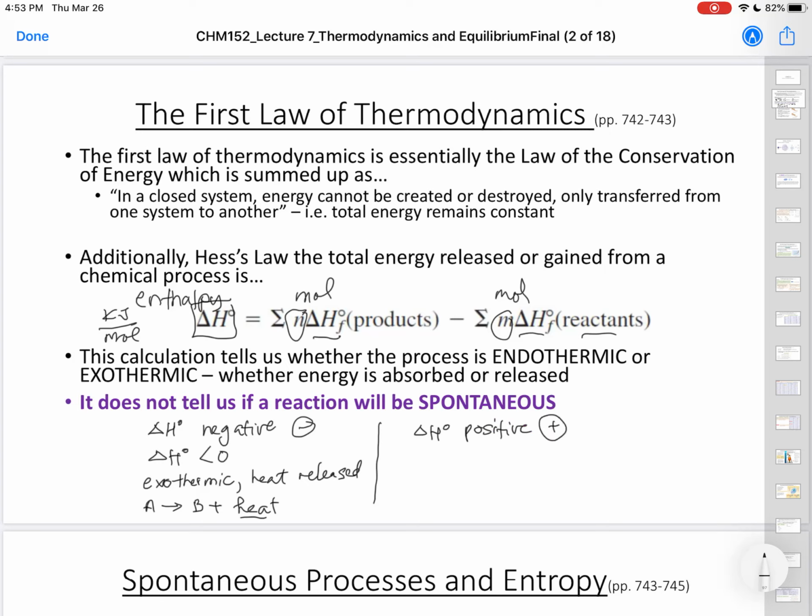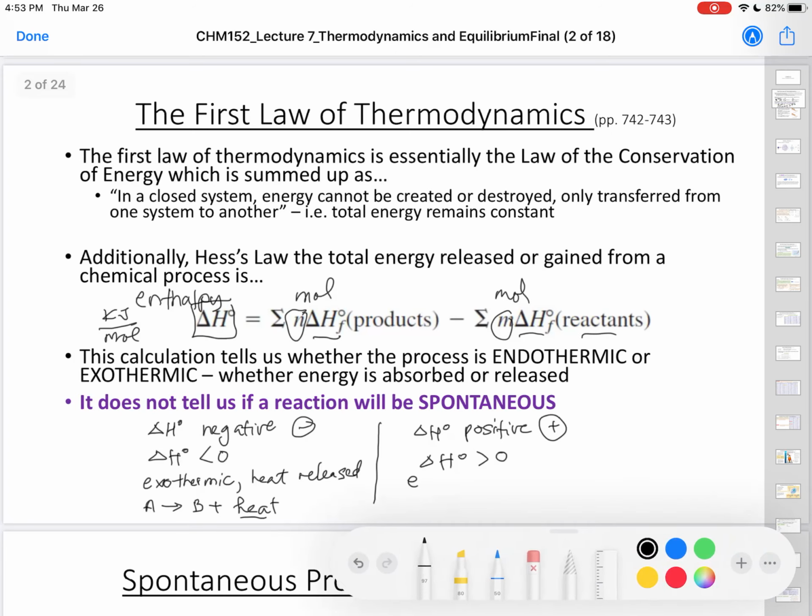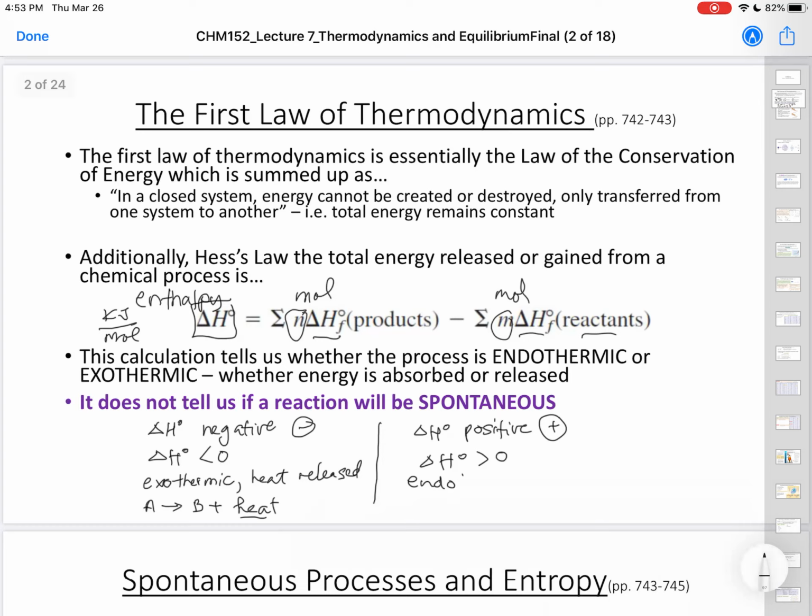If delta H is positive, like plus 500 or plus 30, whatever that is, then it is greater than 0 and it is endothermic.